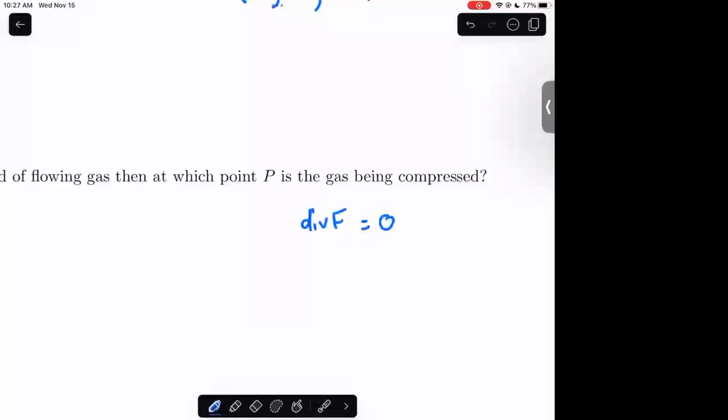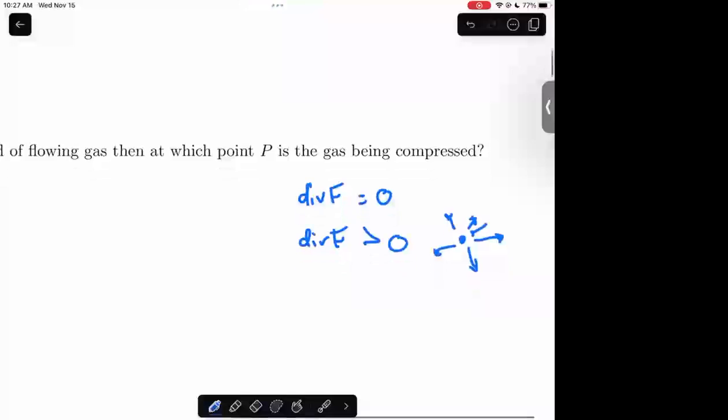We also said that if the divergence of F was greater than 0, then there was more expansion going on than compression at this point.